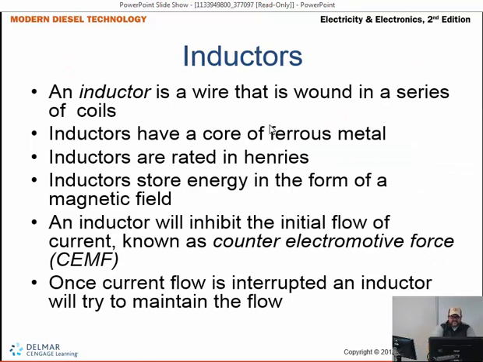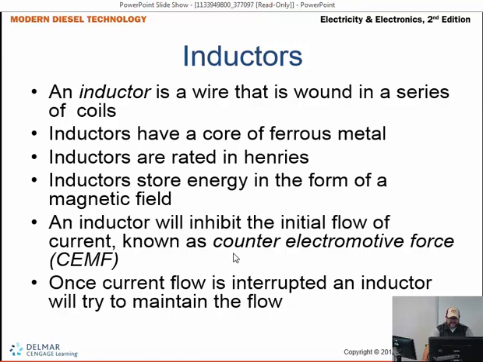An inductor is a wire that is wound in a series of coils. Inductors have a core of ferrous metal. Inductors are rated in henries. Okay. Inductors store energy in the form of a magnetic field. An inductor will inhibit the initial flow of current, known as counter electromotive force, or CEMF.